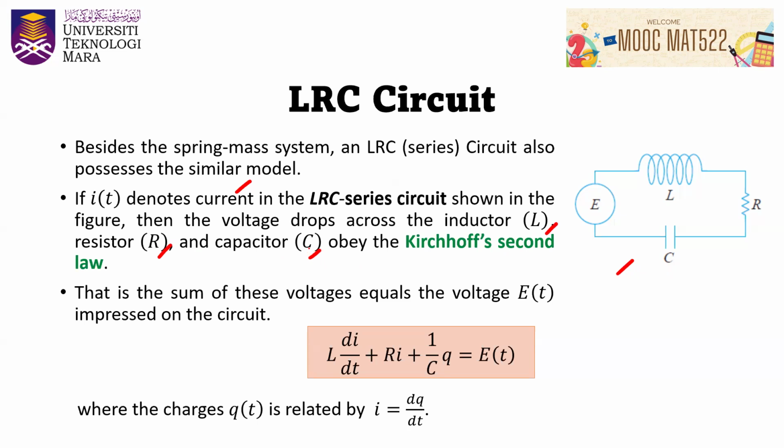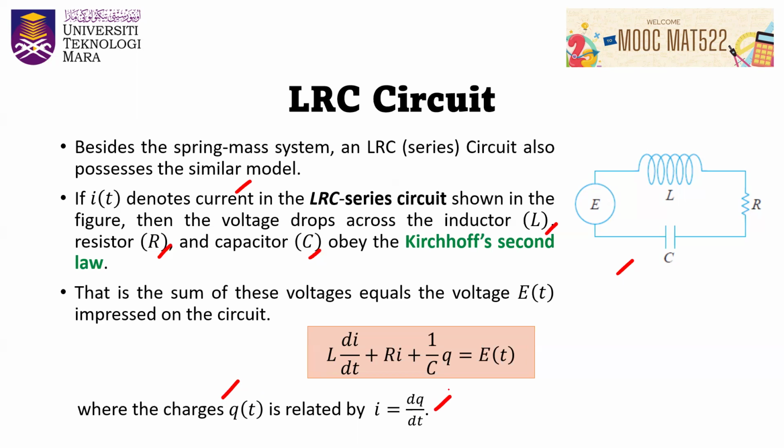That is, the sum of these voltages equals the voltage impressed on the circuit. Mathematically, L multiplied by di over dt plus R multiplied by I plus 1 over C multiplied by Q equals E, where Q denotes the charge and is related by I equals dQ over dt.